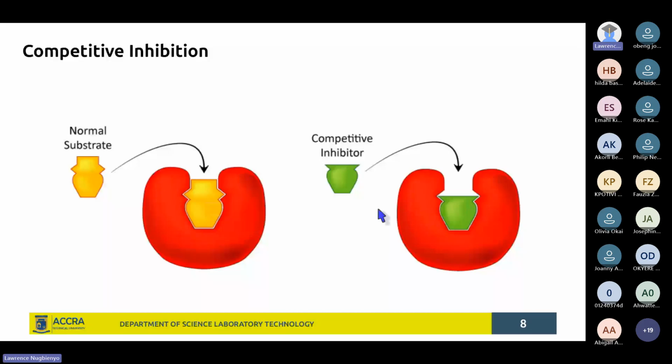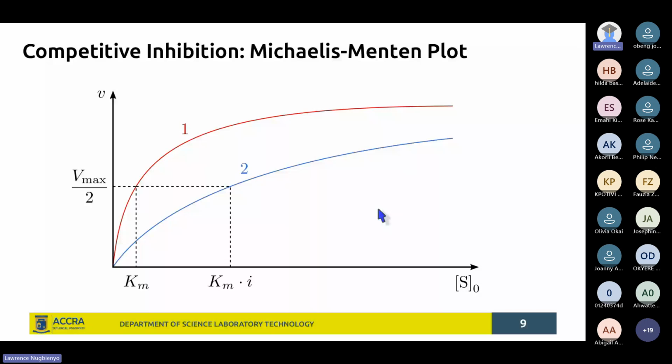Now, how do we represent this by the Michaelis-Menten plot, or the Michaelis-Menten kinetics that we just saw? Now you have here an inhibited reaction, which is represented with the blue curve. That's curve number 2. And you have the red curve, which is curve number 1, representing the normal enzymatic reaction, which is not inhibited.